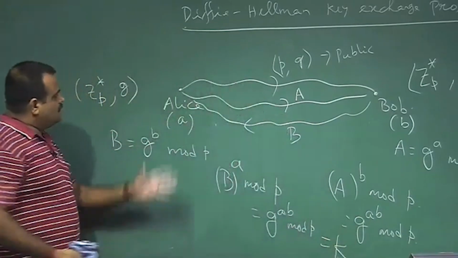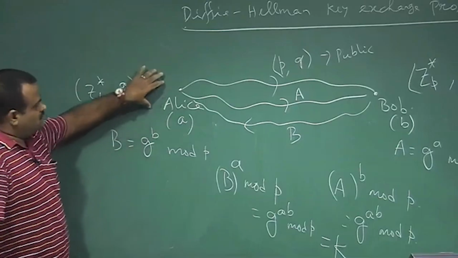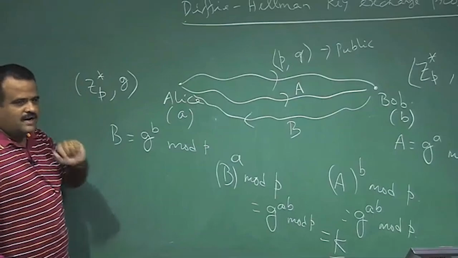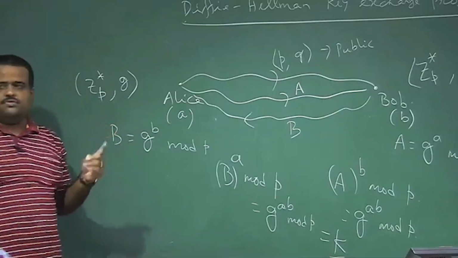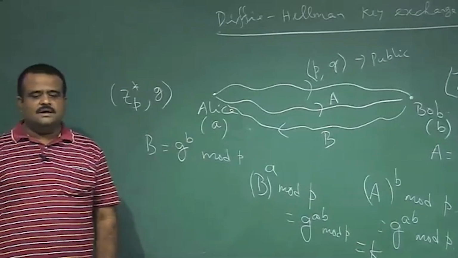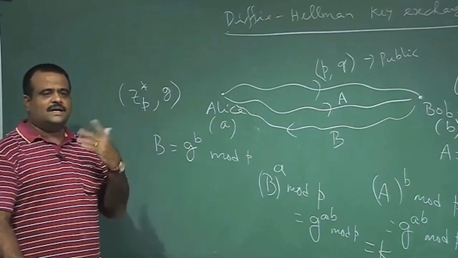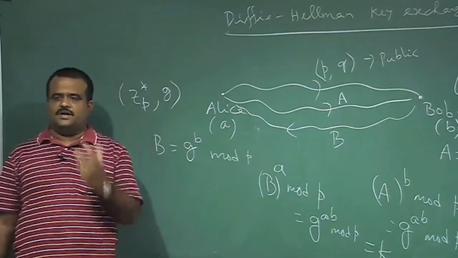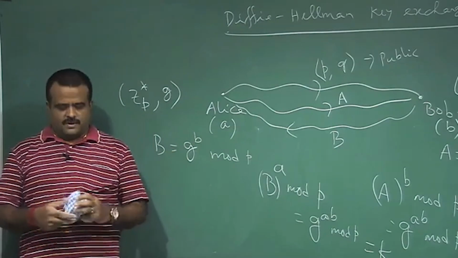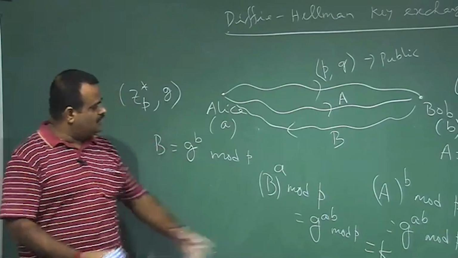So now they have a common key K, which is shared between Alice and Bob. This is the great idea of how two parties sitting in different places can agree on a common key K, so that they can use symmetric key encryption for their further communication of messages.